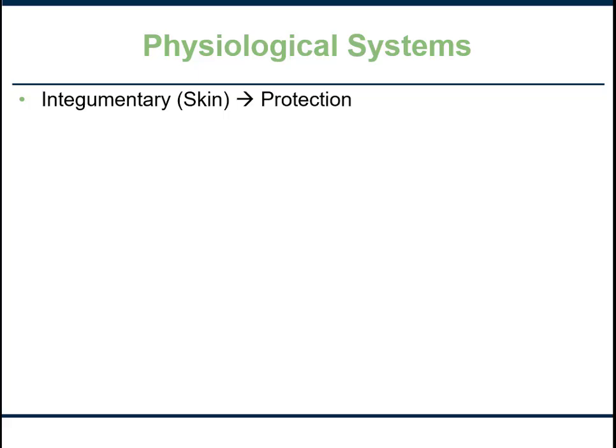So let's talk about the first system. The first physiological system is the integumentary system, which is basically the skin, for those of you unfamiliar with the term integumentary. These physiological systems that I'm going to go over, by the way, I'm only giving you a brief description of their function. So this is a very pared down functionality view of each of these systems.